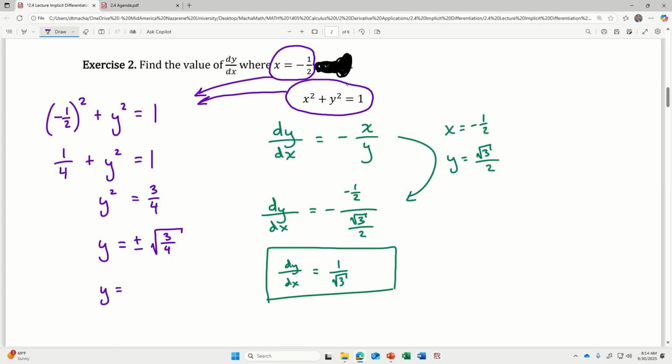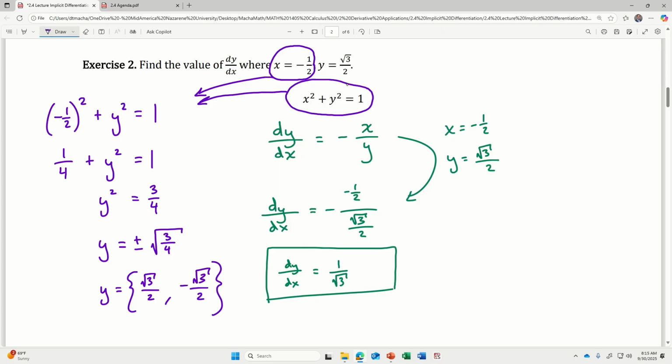And so there's two possible y values that work here, right? One of them is positive square root 3/2, and the other one is negative square root 3/2. The way I worded this problem in my lecture notes is that y was equal to positive square root 3/2, and that was one of the answers.